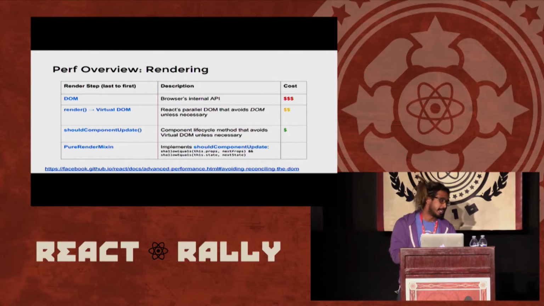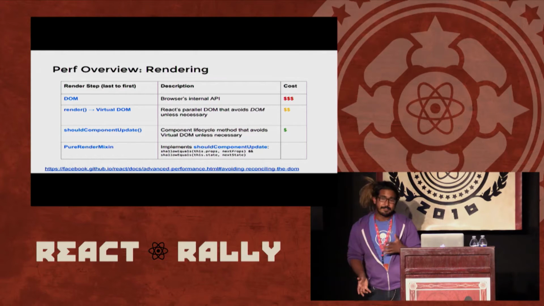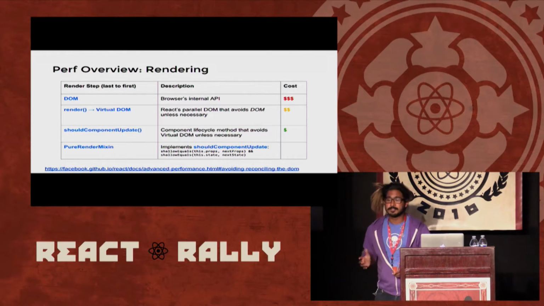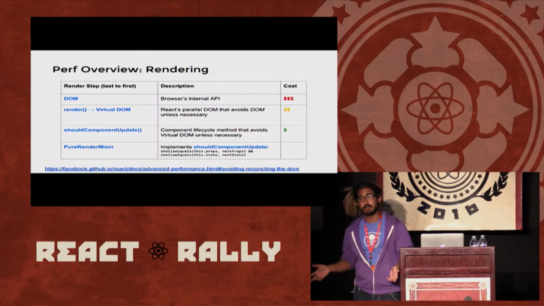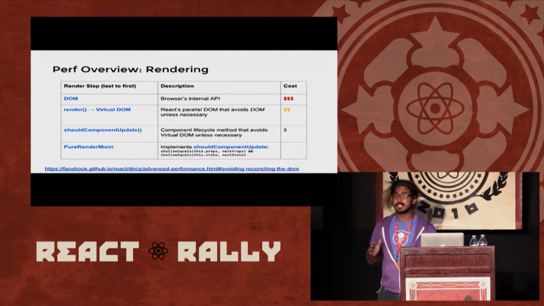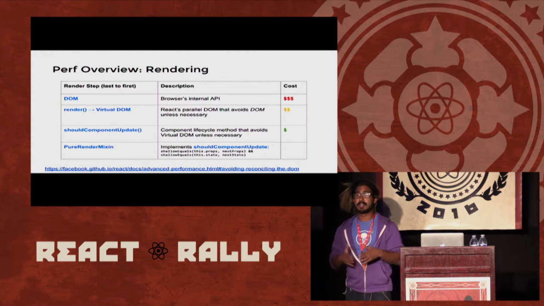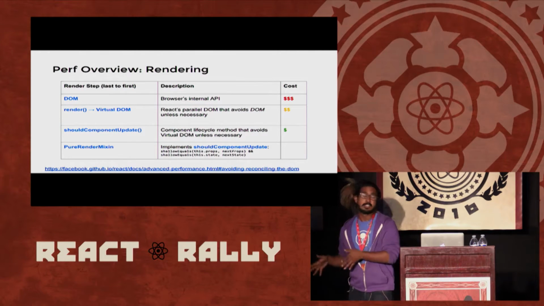This is where the really good practice of thinking about your render method being pure comes in, meaning that it's only dependent on props and state. If you adhere to this very simple philosophy of immutable props and state and only using those in your render method, you get this really nice property that says, if none of the props have changed and none of the state has changed, my render should actually always be identical.